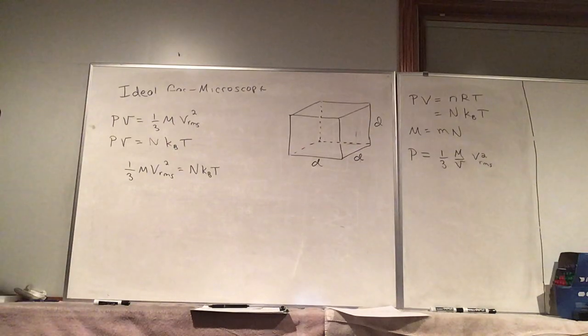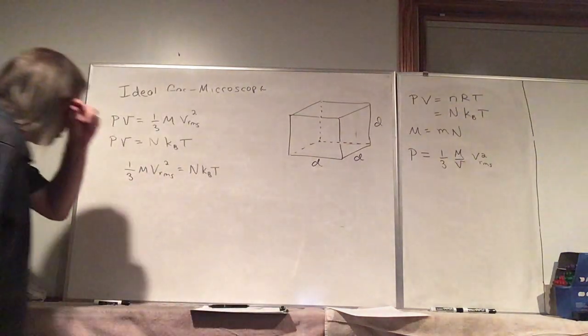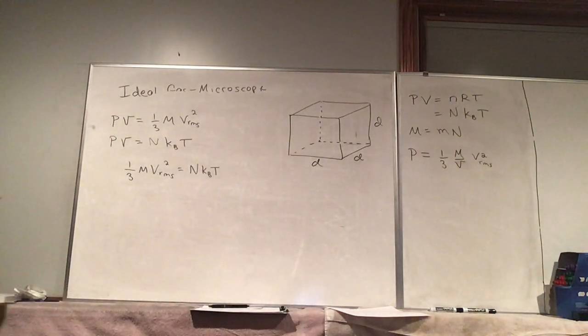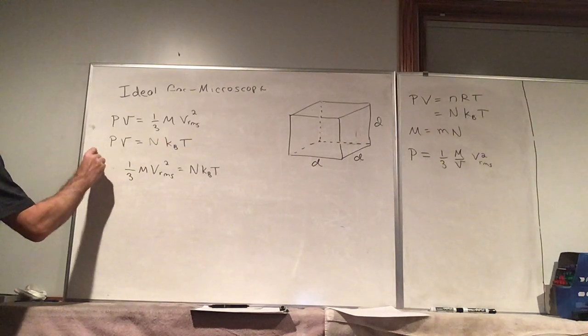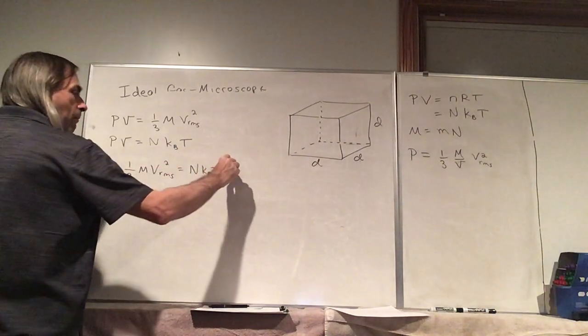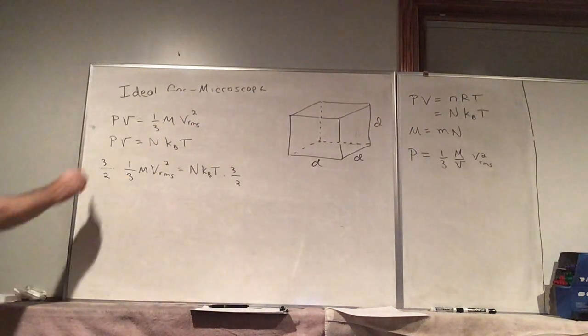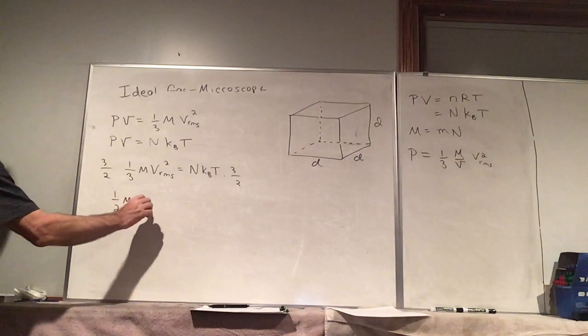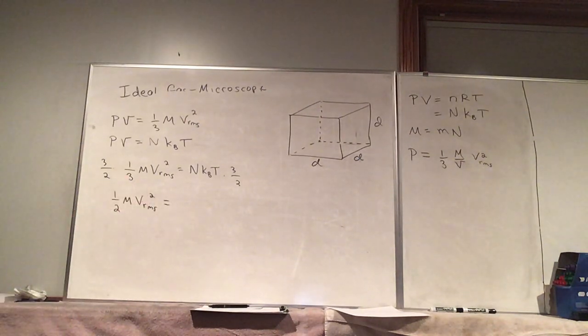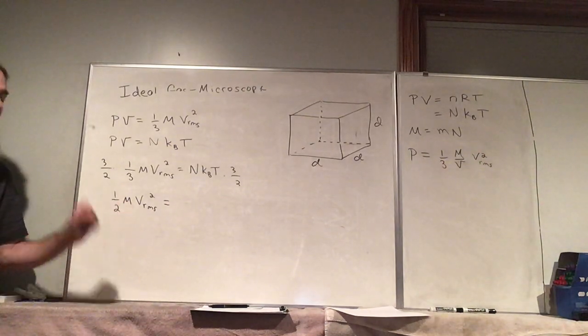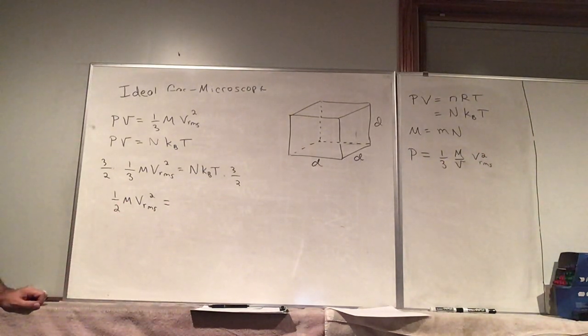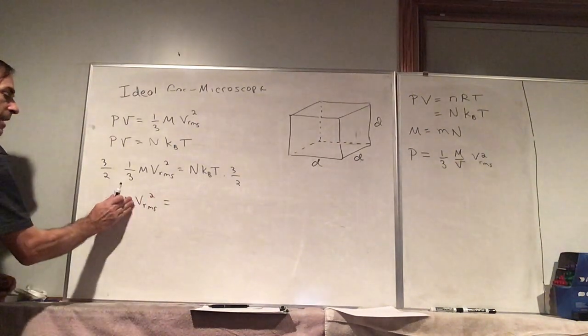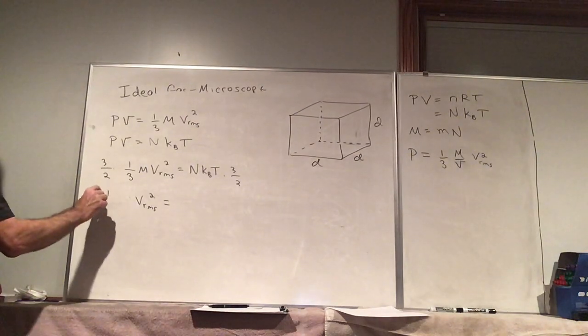I'm going to write, let's multiply both sides by 3/2. So here they cancel out. And the reason we did that, now on the left, we have the average kinetic energy. Well, let's do this. I'm going to replace M here.